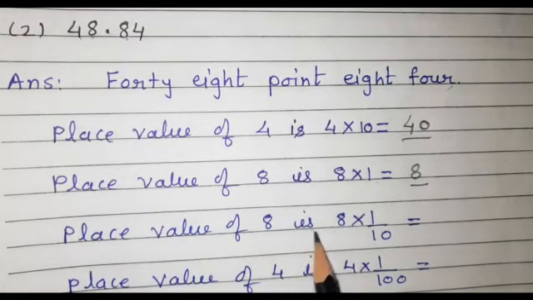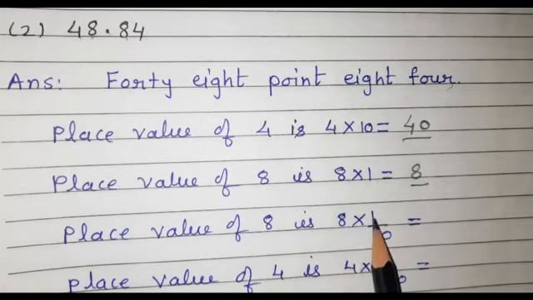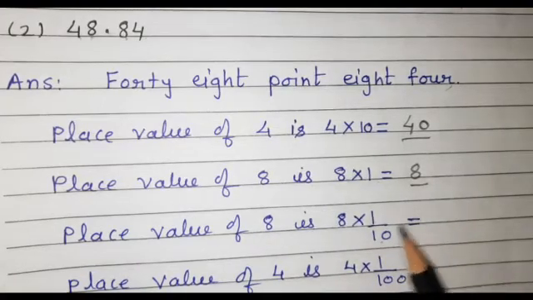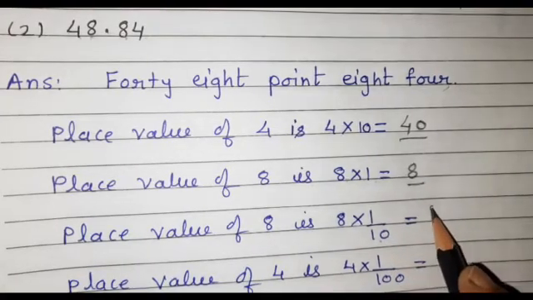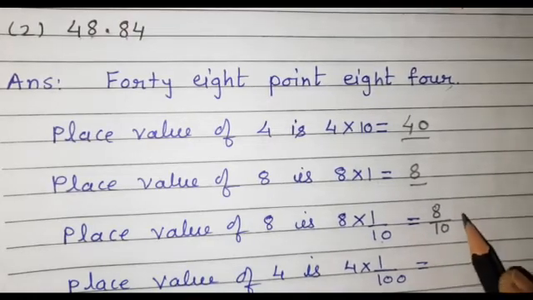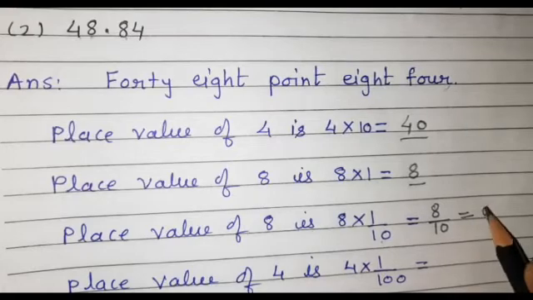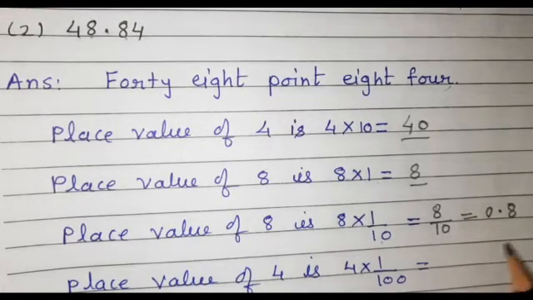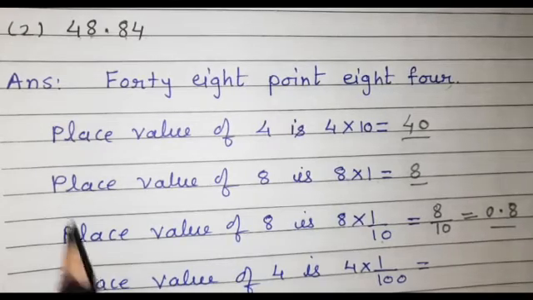Place value of 8 is 8 multiplied by 1 upon 10. 1 upon 10 means tenths. So 8 multiplied by 1 upon 10 is equal to 8 upon 10, and 8 upon 10 we write 0.8. So place value of 8 is 0.8.